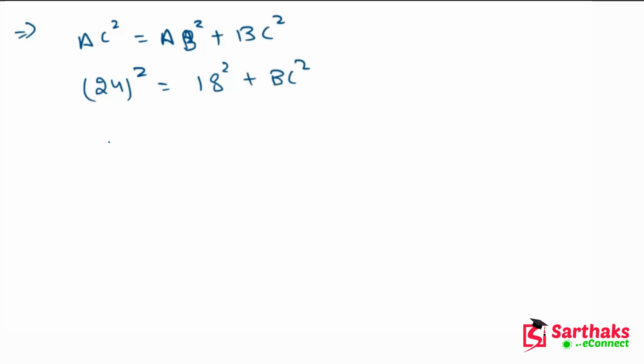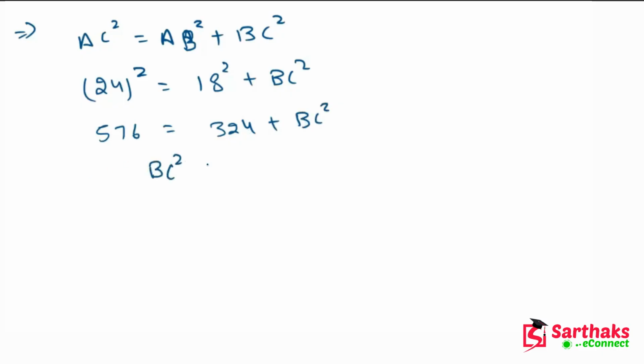The square of 24 is 576, and the square of 18 is 324, plus BC square.